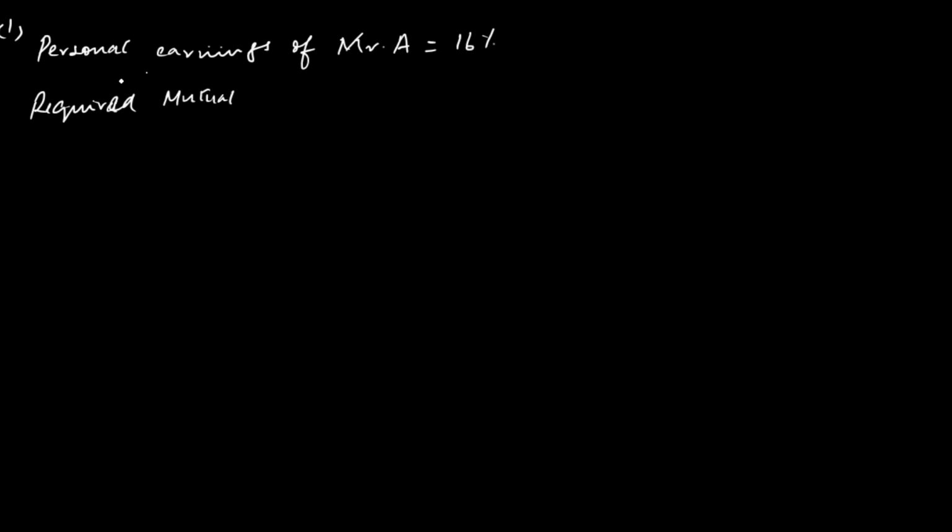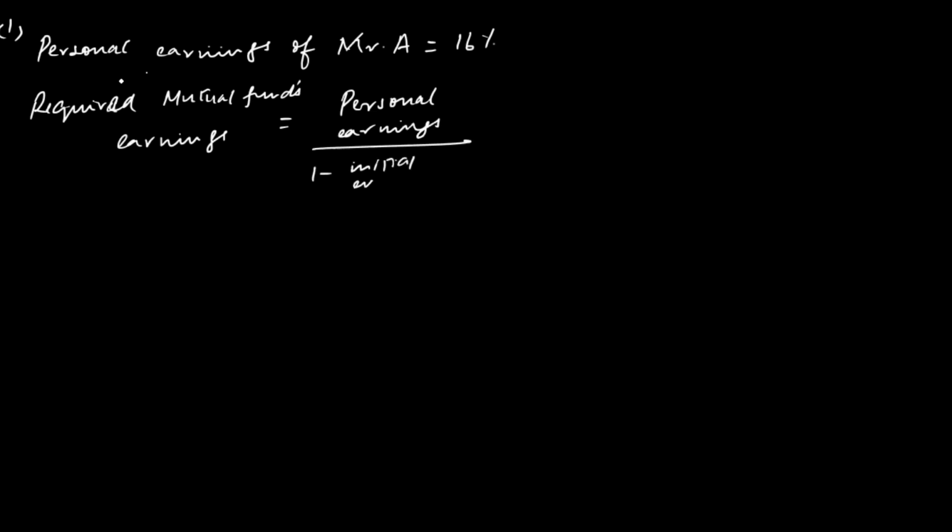Now we will solve the problem. So first question, personal earnings of Mr. A is 16%. Required mutual fund earnings is equal to personal earnings divided by 1 minus initial expenses, this is in percentage, plus recurring expense, this is also in percentage.